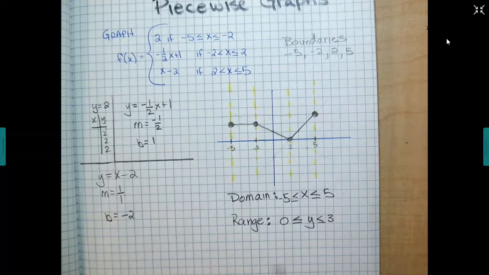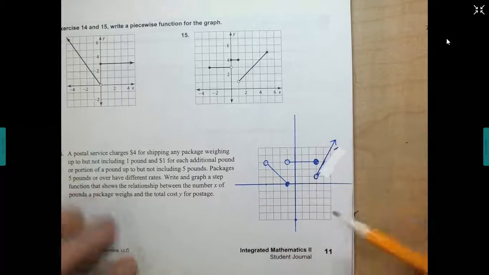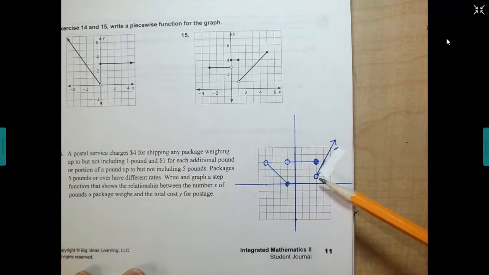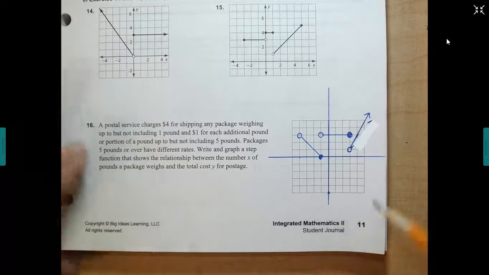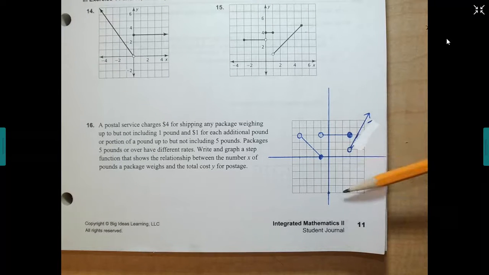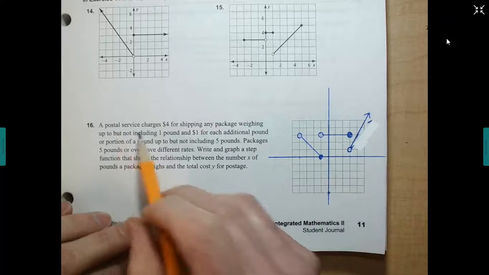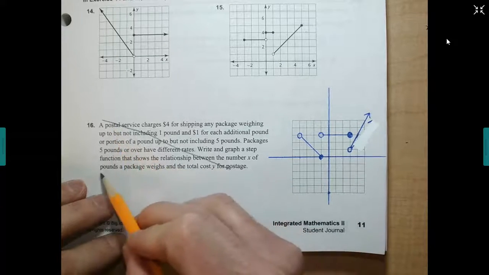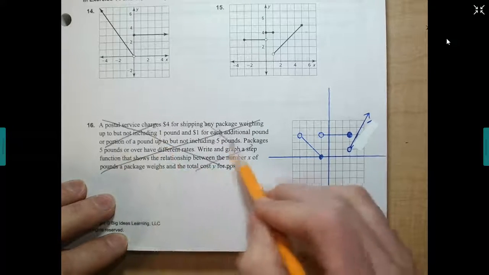Now what we're going to do today is take a graph and write the equations, the functions, from that graph. On page 11, I want you to pause the video and go ahead and write these. I'll give you a couple boundary points. You don't have to worry about this because we are not doing this, so go ahead and just cross that out.